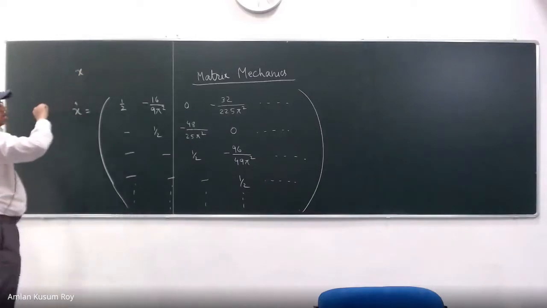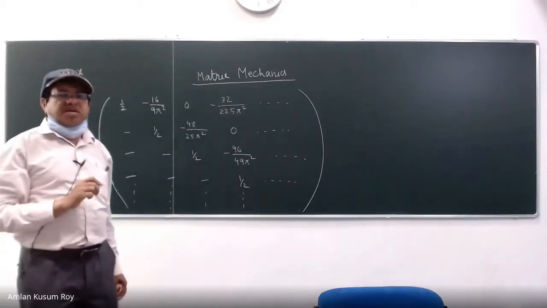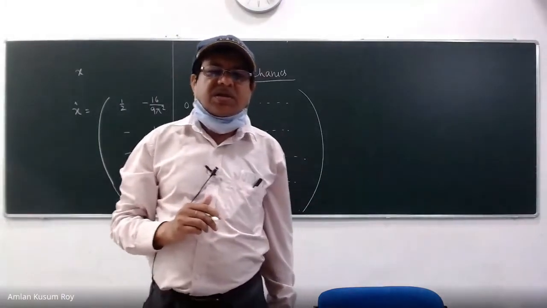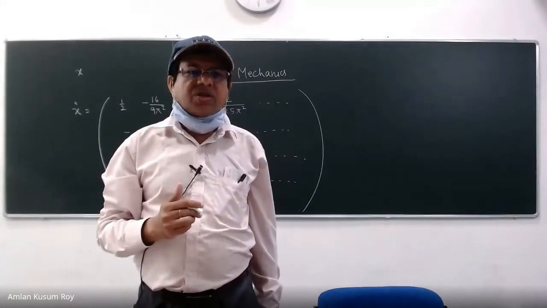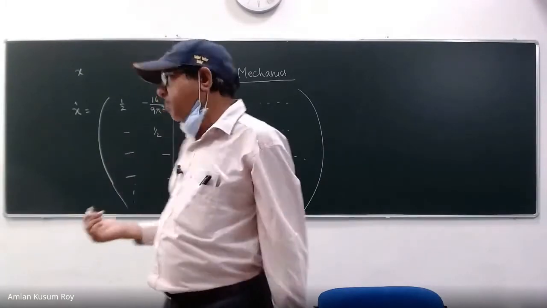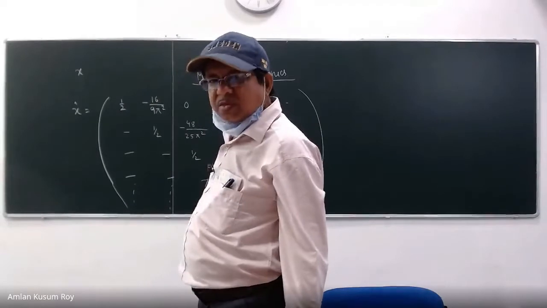When you have a representation, it automatically means you have a basis, because without the basis, representation doesn't mean anything. So if you represent the X operator in another basis, it will have a different matrix. Why?